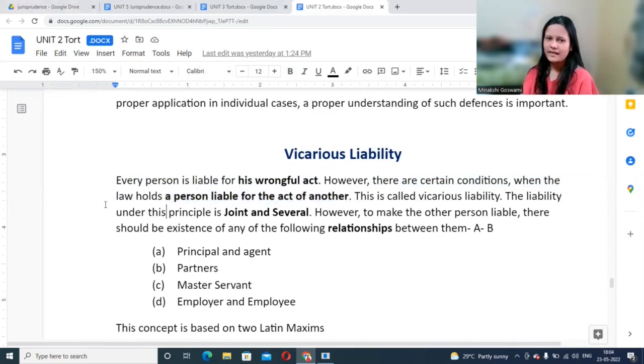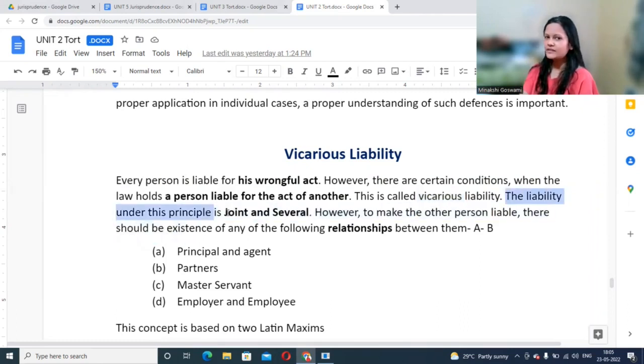Now, when we say making one person liable for somebody else's act, it does not mean that we can randomly make a person liable. There are certain conditions that need to be satisfied, and this is nothing but the concept of vicarious liability, making somebody else liable for someone else's wrong or torts.